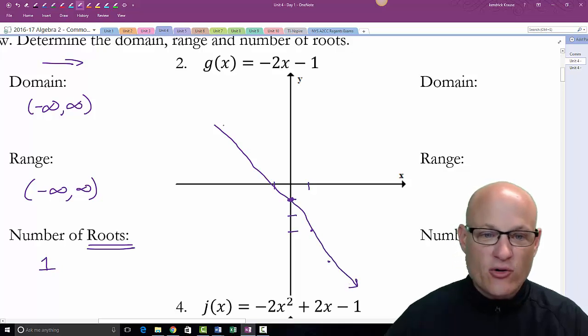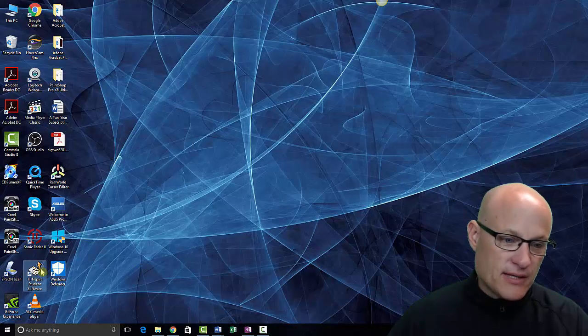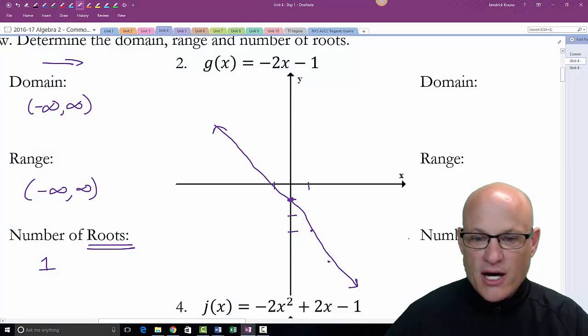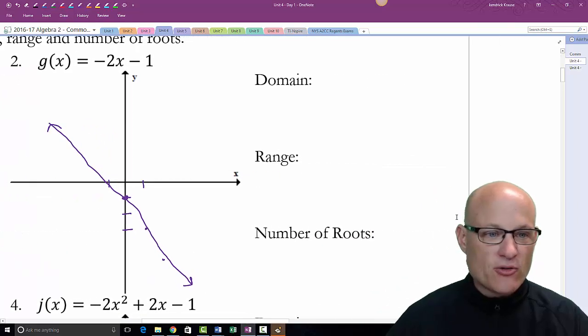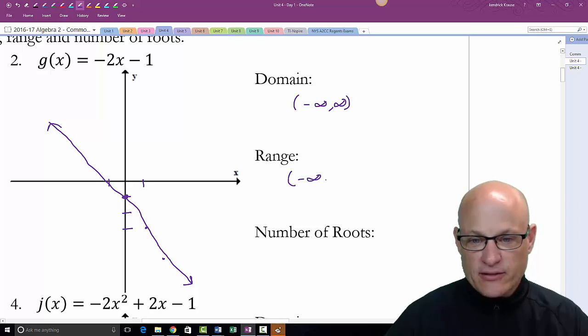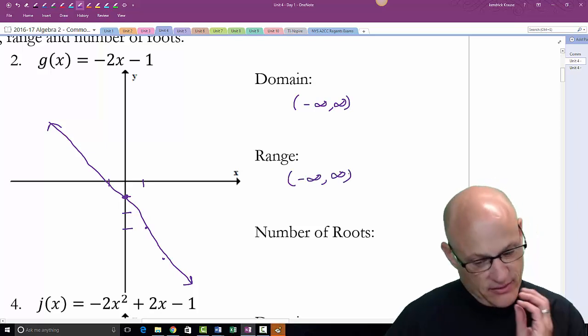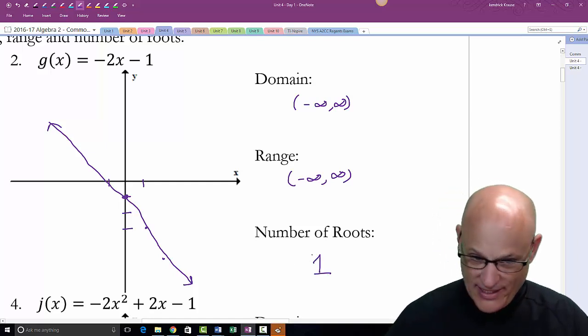It goes forever and ever to the left and right, so the domain is -infinity to +infinity, and the range is -infinity to +infinity, and it hits the x-axis once. So one solution. What is that solution?